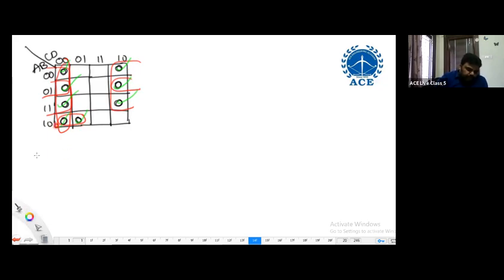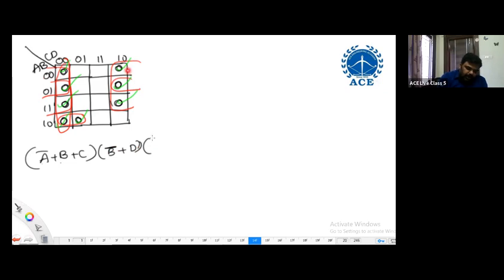This grouping is A bar plus B plus C. I hope you are able to write this. AB is 10, A is 1 so it is A bar, B is 0 so it is B, and C is 0 so it is C. And what about this grouping? A is changing, B equals to 1, so B bar, and similarly, D equal to 0, it is D. And also this one, what is it here?